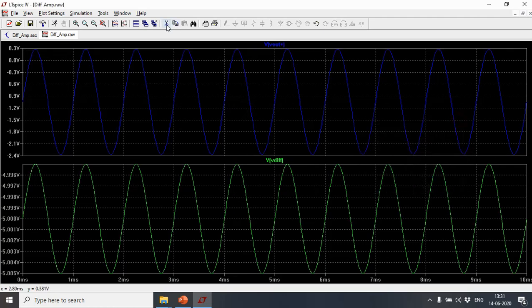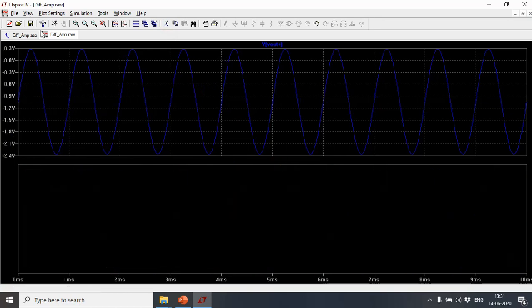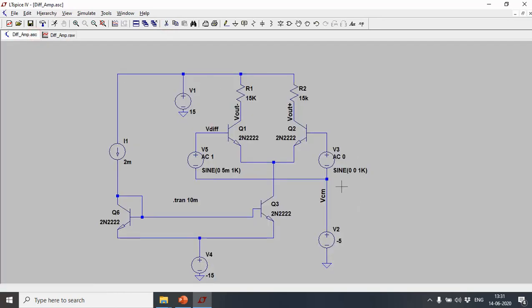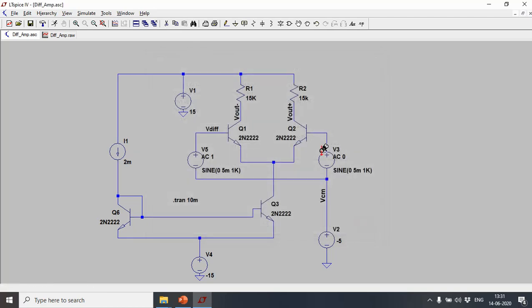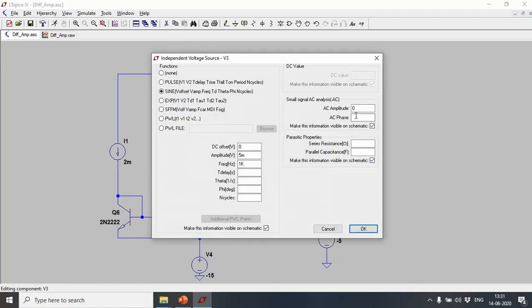Okay, so now we have to find out the common gain also, right? To find out the common gain, what I am going to do is put 5 milli on this side also, and I am going to put it as amplitude 1.